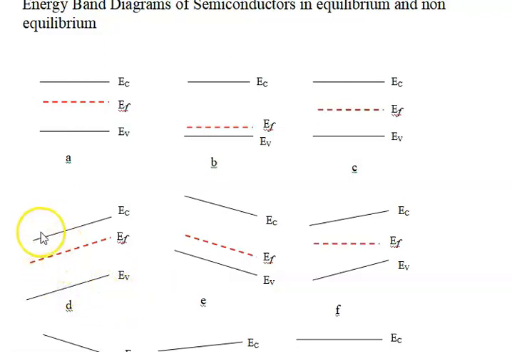But for now, I'll just repeat what we discussed. The left side is lower than the right side, which means for the energy band diagram that the left side is positive with respect to the right side.